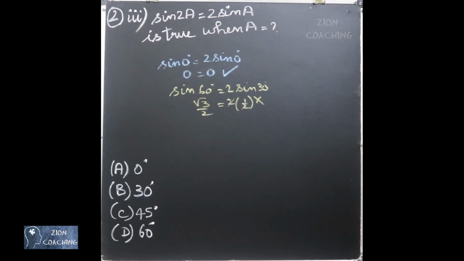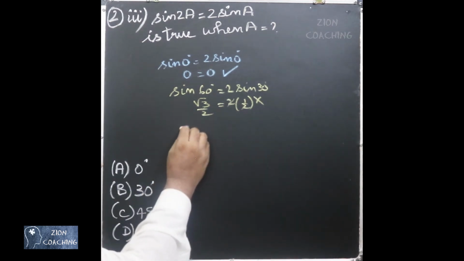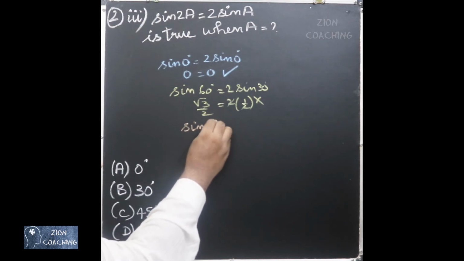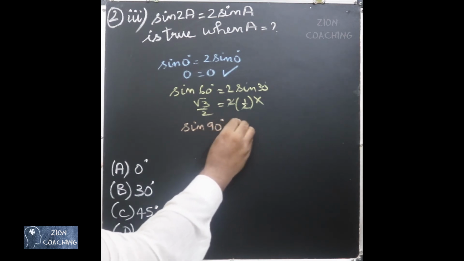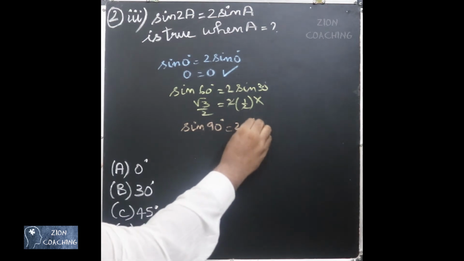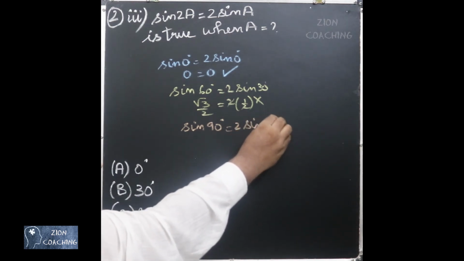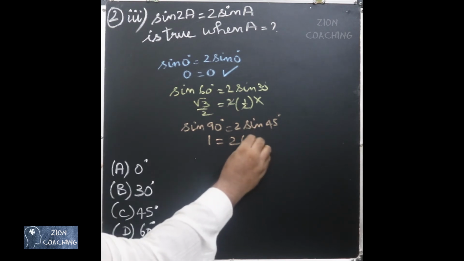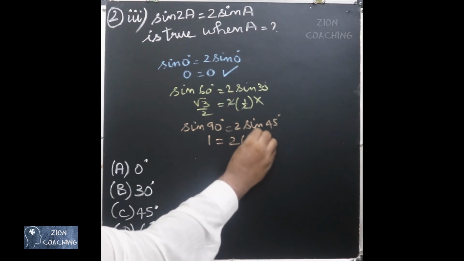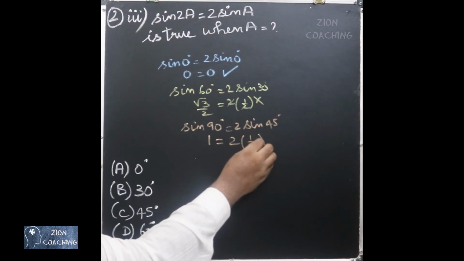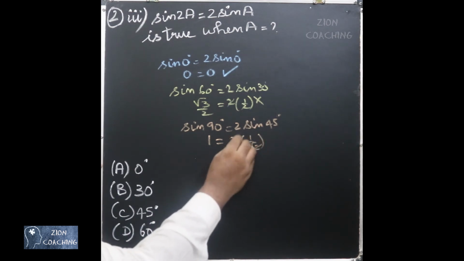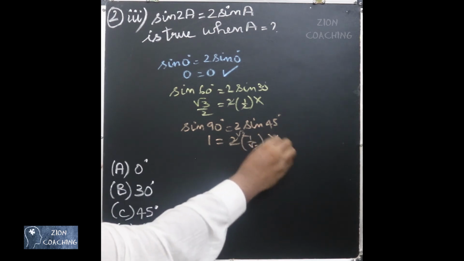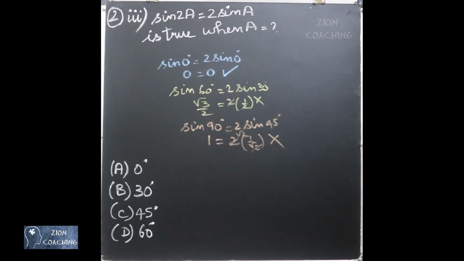When you substitute 45 degree, you will have sin 2 into 45 degree, that is 90 degree, equal to 2 times sin 45 degree. Sin 90 degree is 1. Sin 45 degree is 1 by root 2. So when you cancel, you will have only root 2. 1 is not equal to root 2. So this condition is also not correct.